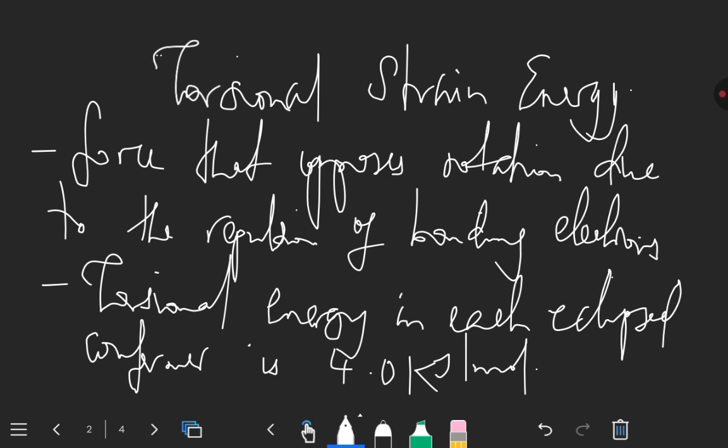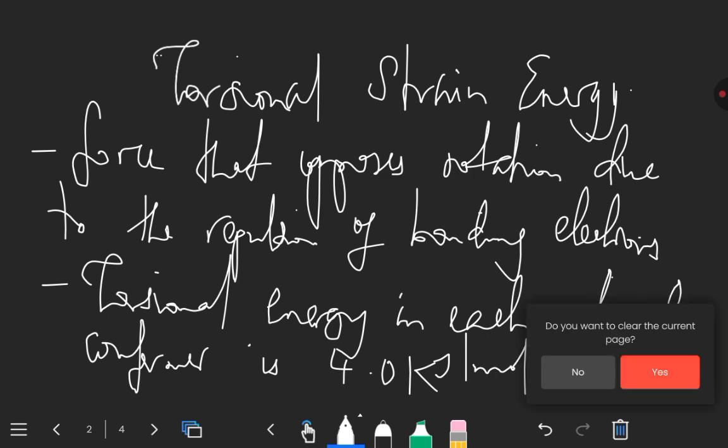Then torsional is that force that is able to oppose rotation. So torsional opposes rotation, but with steric, it is about molecules not wanting to be close to each other.